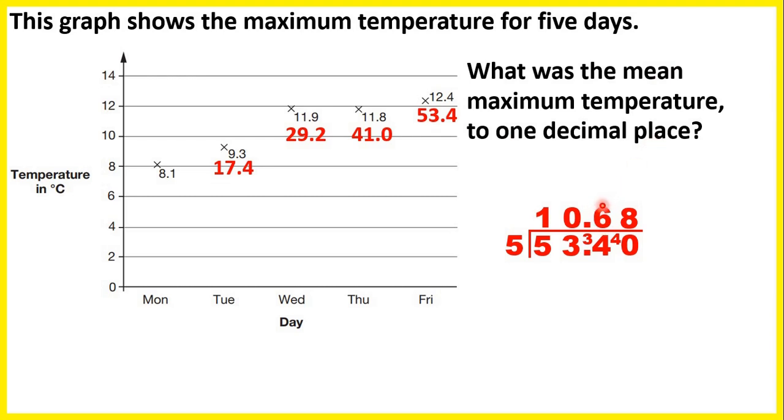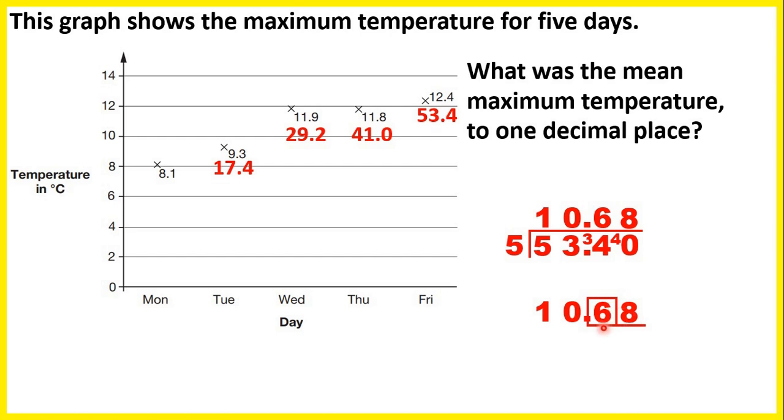So 1 decimal place is the same as rounding to the nearest tenth, so that we only have one digit after the decimal point. So what is 10.68 to the nearest tenth, or to one decimal place? Well, remember, to decide whether we round up or down, we look at the digit to the right. And if we have 5 or more, like we do here, we round up.